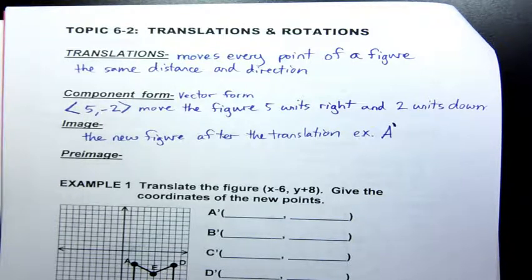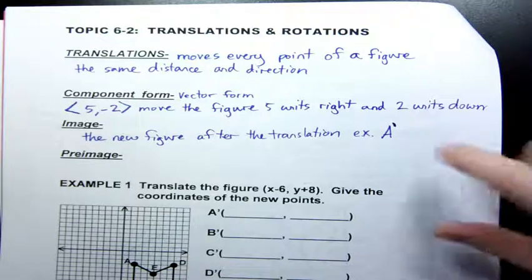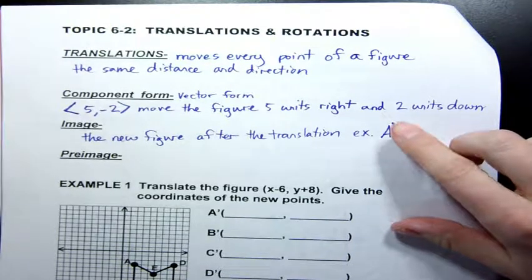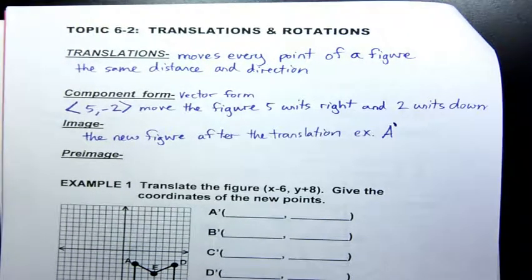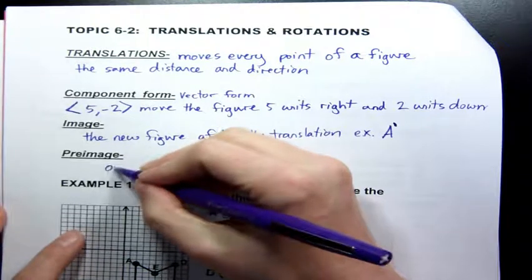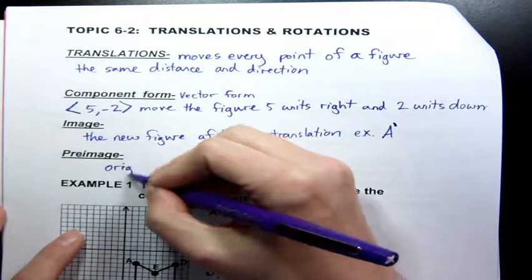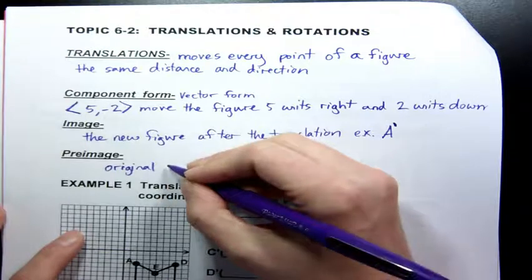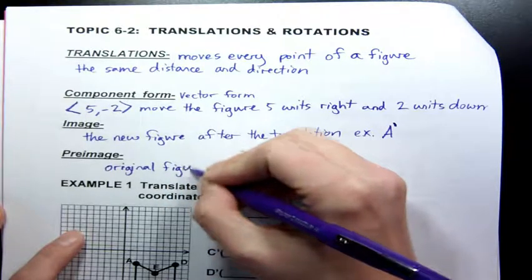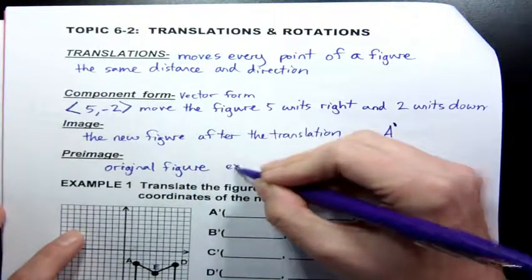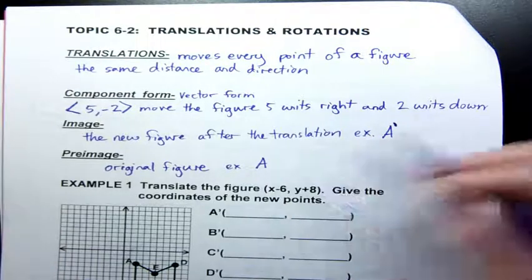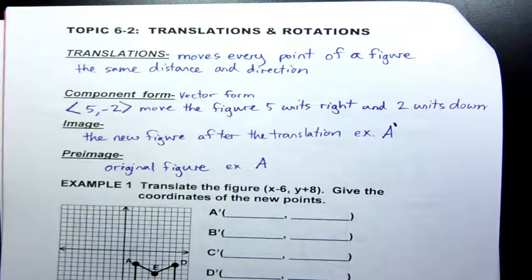So on your exit ticket today, there'll be some figures and they just ask you what happened to the second one. Just know that the image, the new one, is the one with the apostrophe. And then pre-image is just the original figure. So for example, it would be just plain A, so you'd see A and then A with the apostrophe.